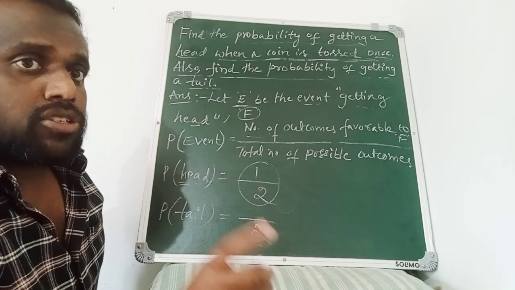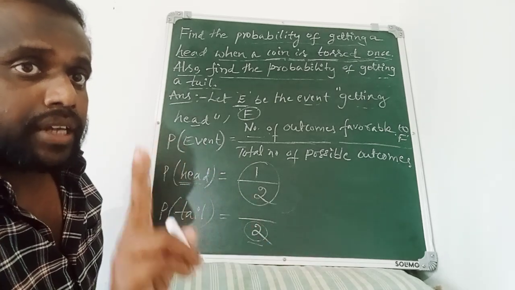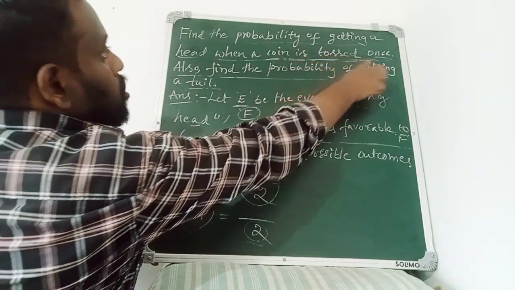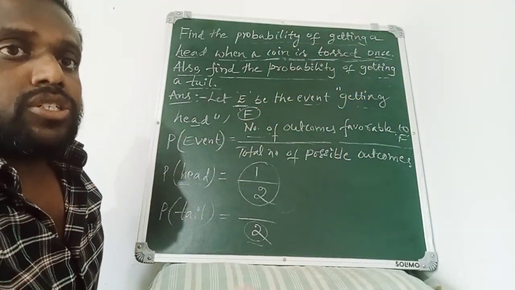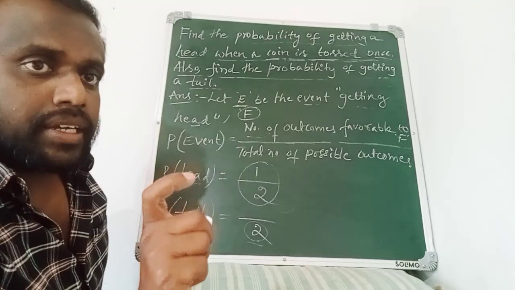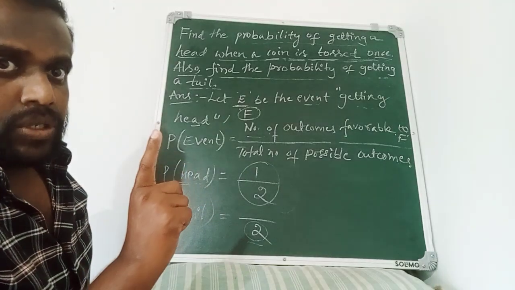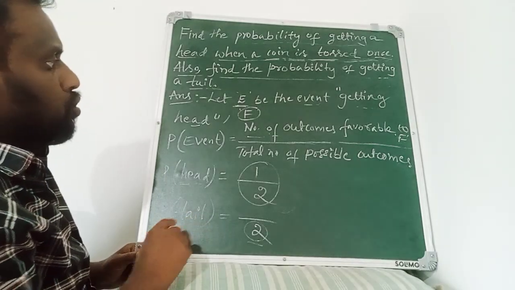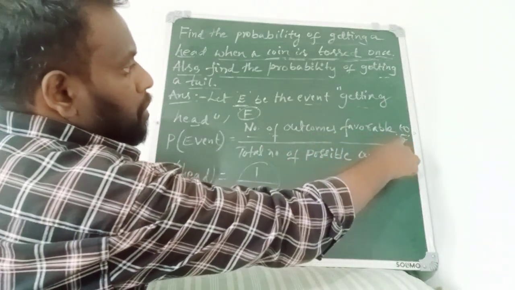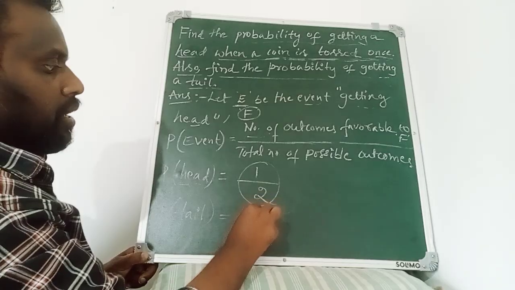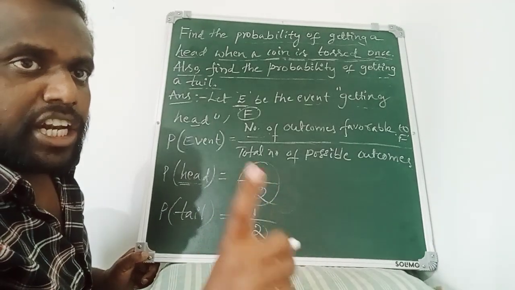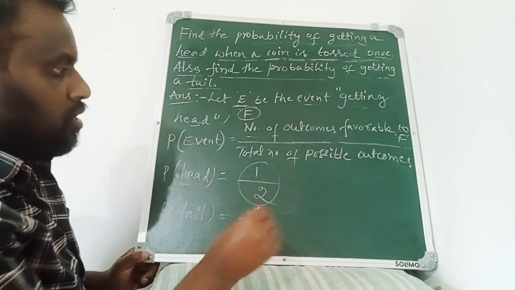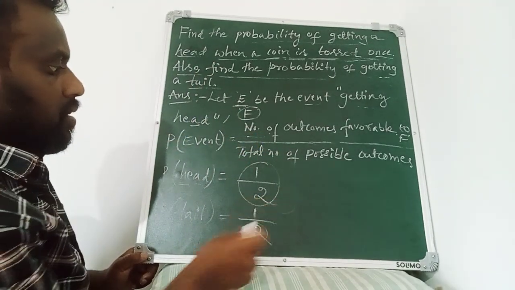So when a coin is tossed two times, you can get tail two times. But here they are telling the coin is tossed only once. So you can get tail only once. The number of outcomes favorable to F will be 1 only. So this is 1.